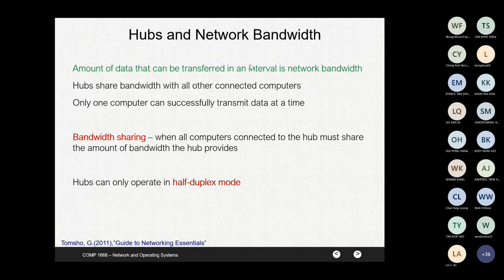What are the differences? If the speed of the hub is 10 Mbps and you have 5 computers connected, the speed at each end will be 2. If you pull out one computer, it becomes 4, so the 10 will be divided by 4, and each port will get 2.5. That's what we call bandwidth sharing in a hub.